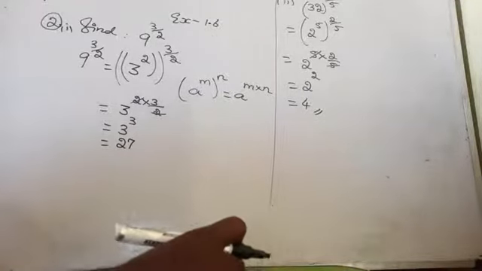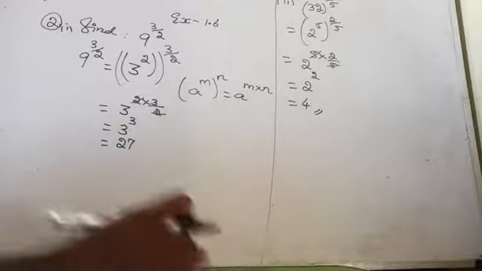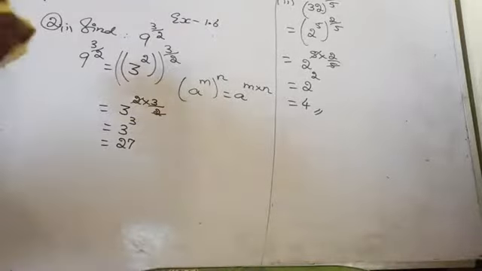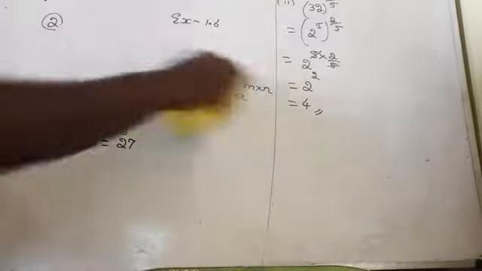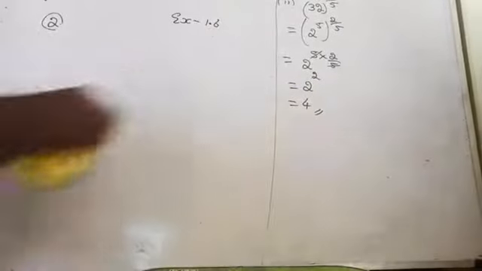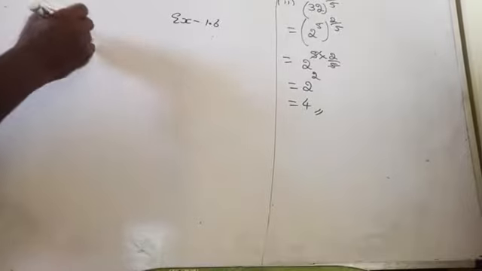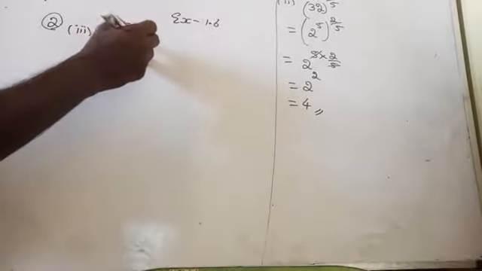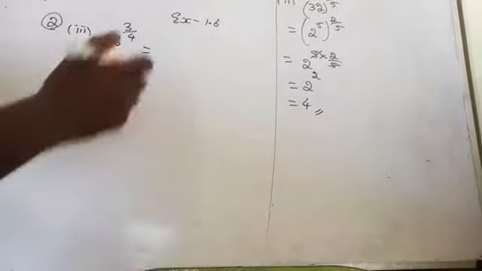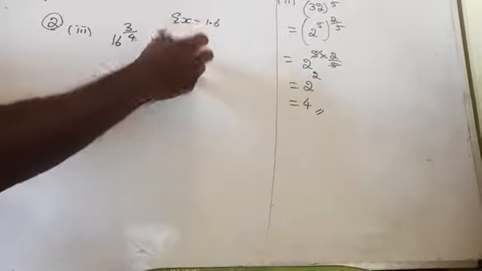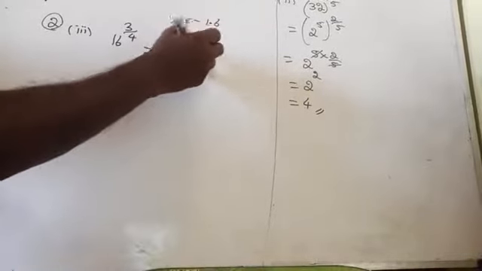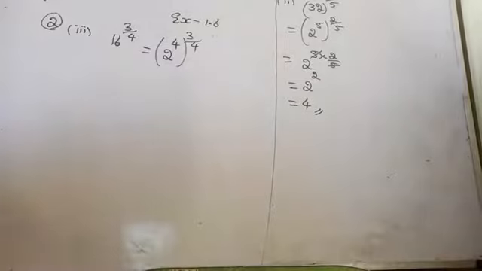Now 16 to the power 3 by 4. Second question, third part. 16 to the power 3 by 4. So this 16 can be written as 2 to the power 4 the whole power 3 by 4.